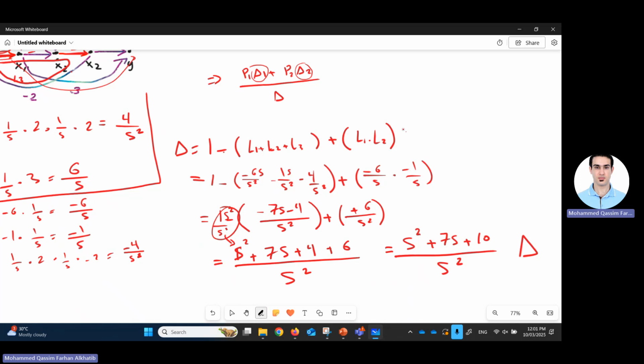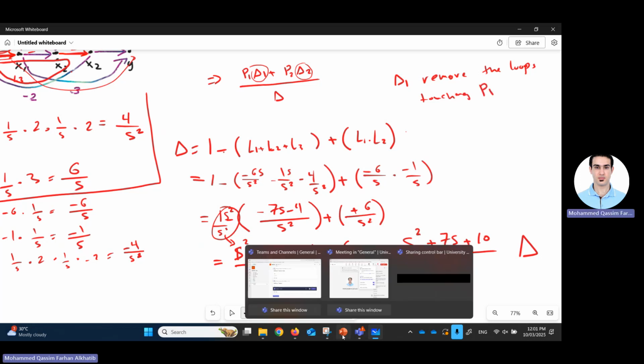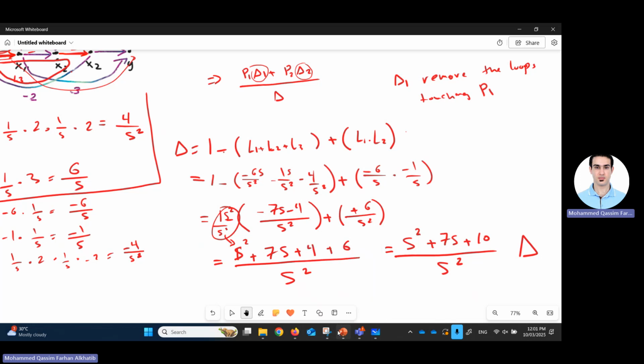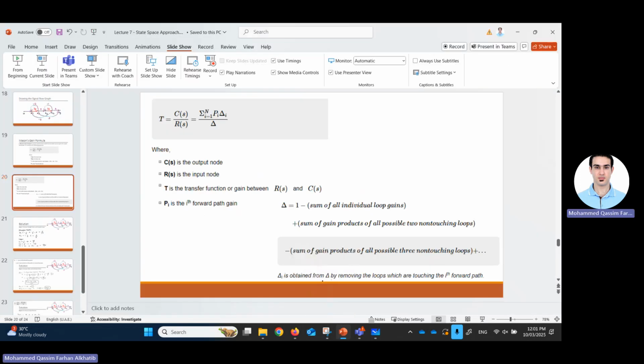Now I need to remove the loops touching P1. So it says here, delta i is obtained from delta by removing the loops which are touching the ith path. So delta 1, remove the loops that are touching P1.